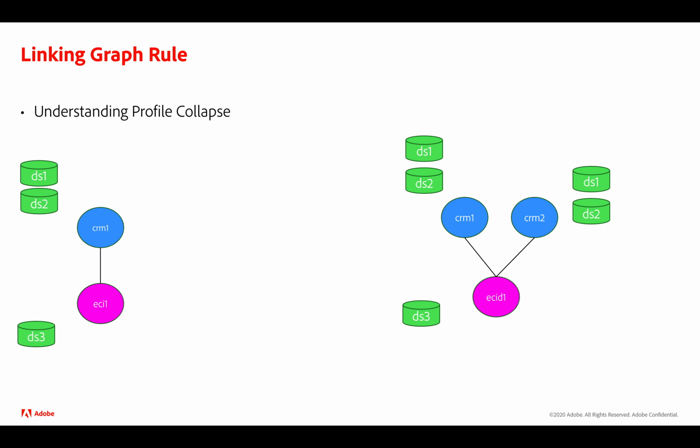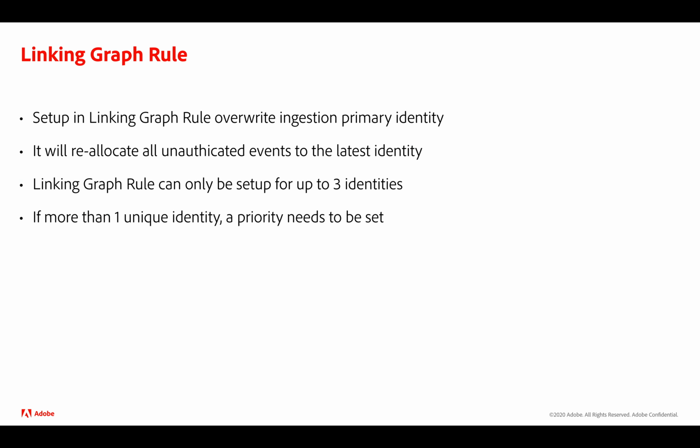If I come back to my previous example, we would define CRM1 and CRM2, or the namespace itself, as being unique, so you cannot have a profile with CRM1 and CRM2. It will automatically split that profile into 2. Anything that you are sending in the profile will be overwritten by the priority you have to define.